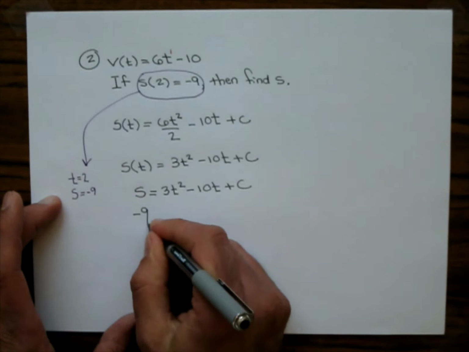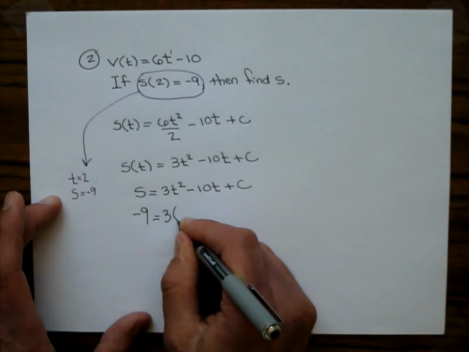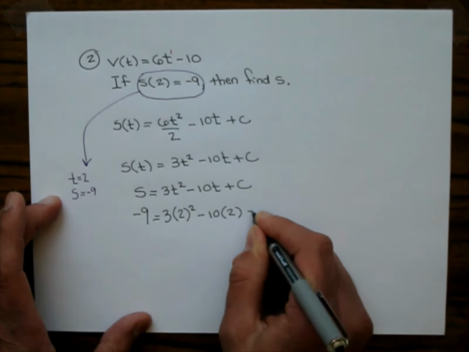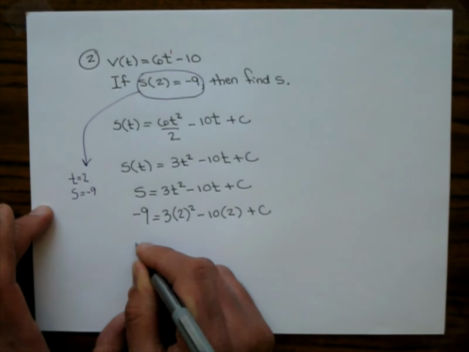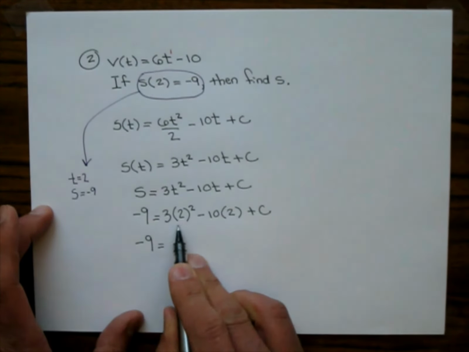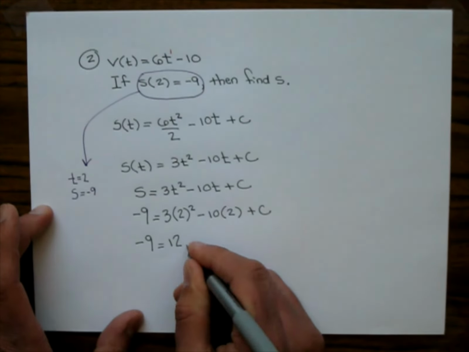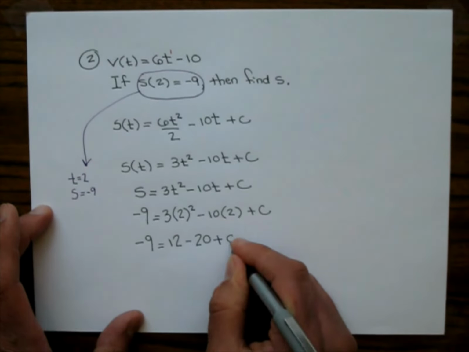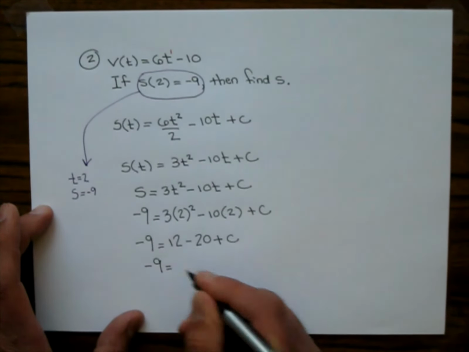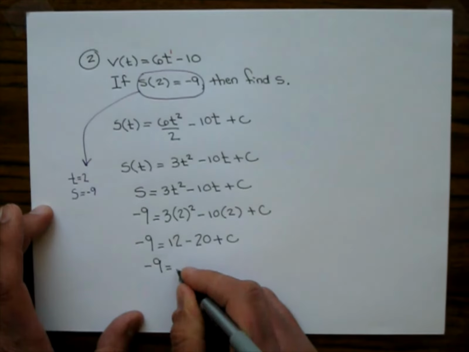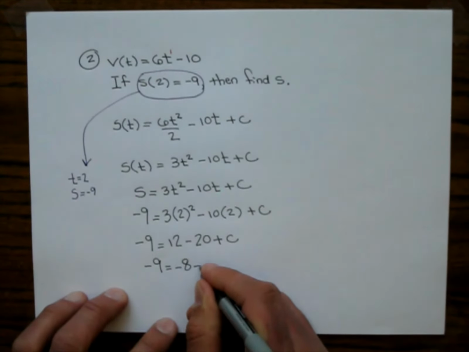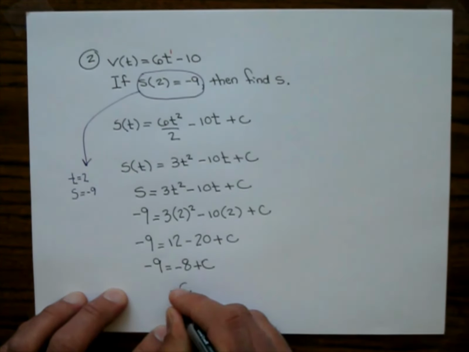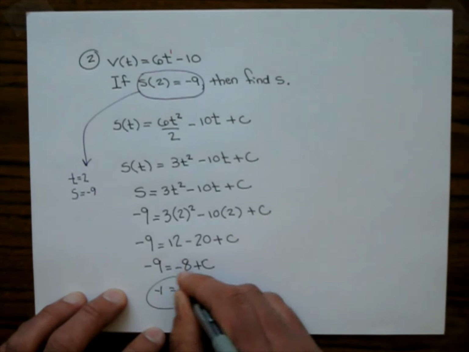So -9 equals 3 times 2 squared minus 10 times 2 plus c. -9 equals 4 times 3, which is 12, minus 10 times 2, so 20, plus c. -9 equals 12 minus 20, so that looks like -8 plus c. And so you add 8 to both sides, c is going to equal -1.